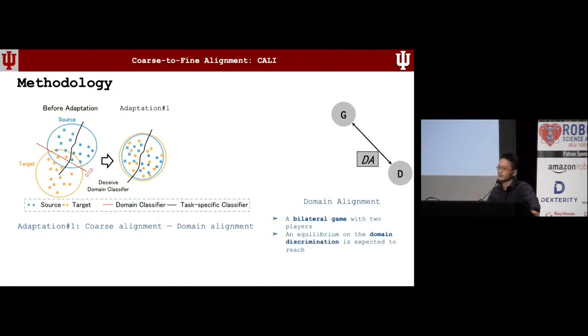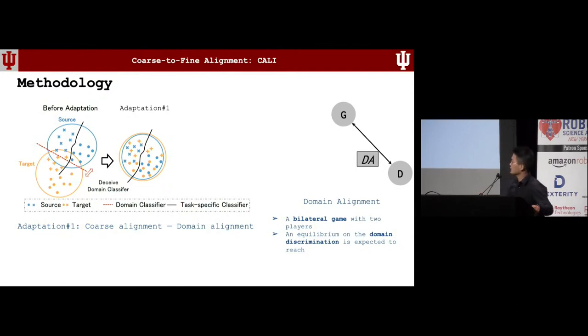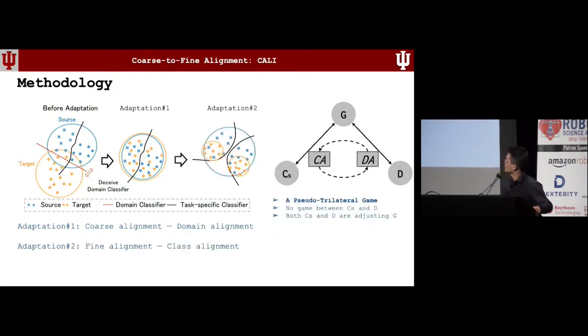This will decrease the general distance between two domains, but lead to prediction errors, as this coarse alignment does not consider any class features. In the second stage, we perform the class alignment based on the decreased domain distance. To integrate the domain alignment and class alignment, we propose a pseudo-trilateral structure where both classifiers and the domain discriminator are trying to adjust the feature generator.